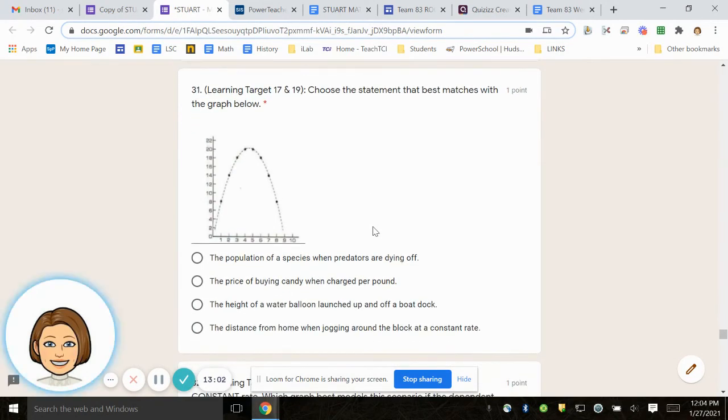The population of a species when predators are dying off, the price of buying candy when charged per pound, the height of a water balloon launched up and off a boat dock, or the distance from home when jogging around the block at a constant rate.